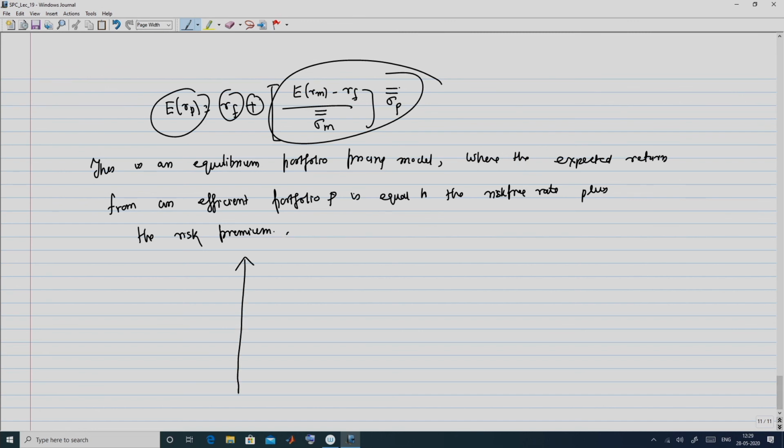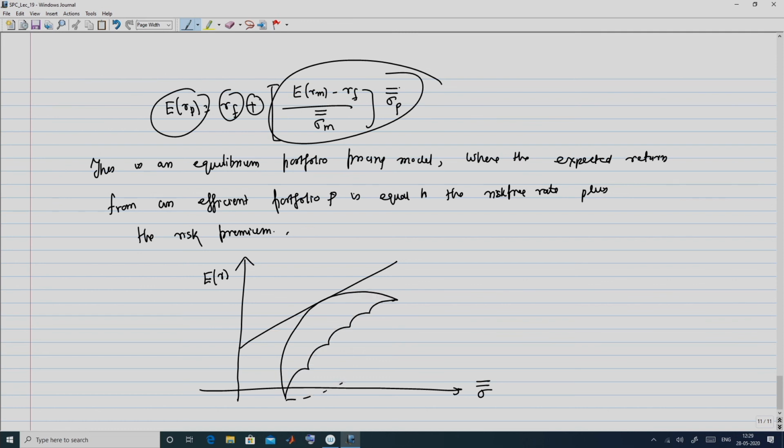Graphically, let us have a look at how this is going to look like. So, here we are in the sigma double bar, ER plane, and I start off with RF, and this point of tangency as before is the market portfolio.